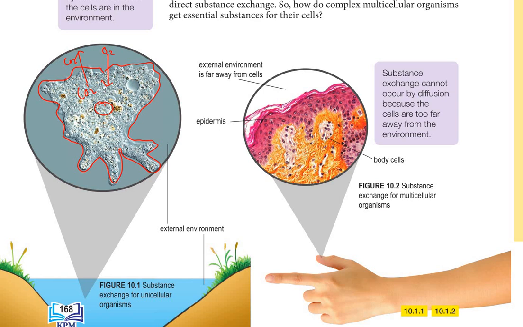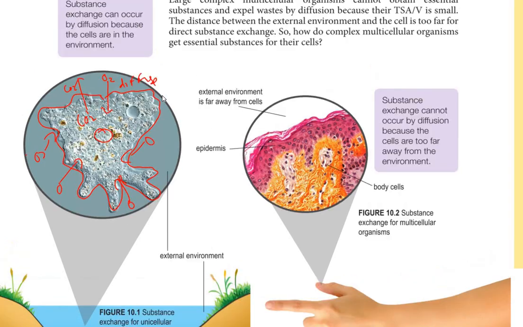So the oxygen can diffuse directly into the amoeba and be supplied to the whole amoeba just by diffusion. Because they have a large total surface area over volume, oxygen can diffuse here, here and here. So there is no problem for the amoeba to get oxygen by diffusion.